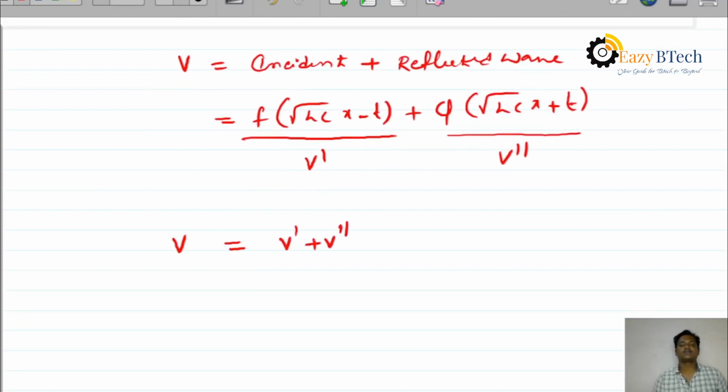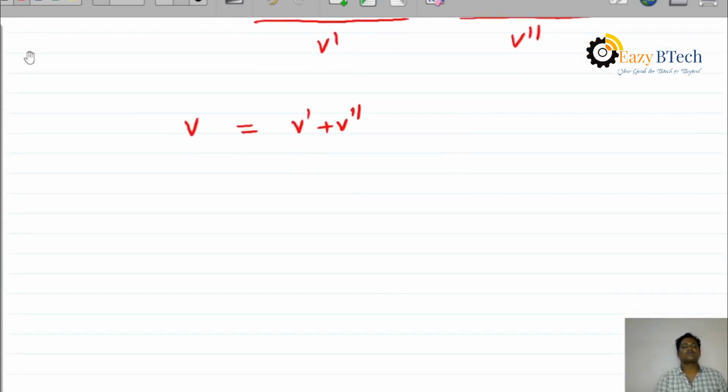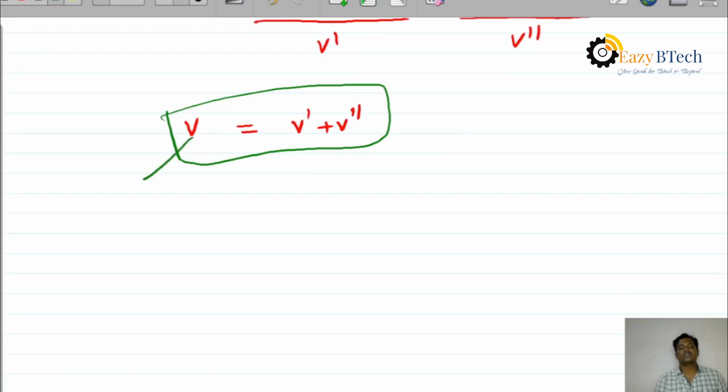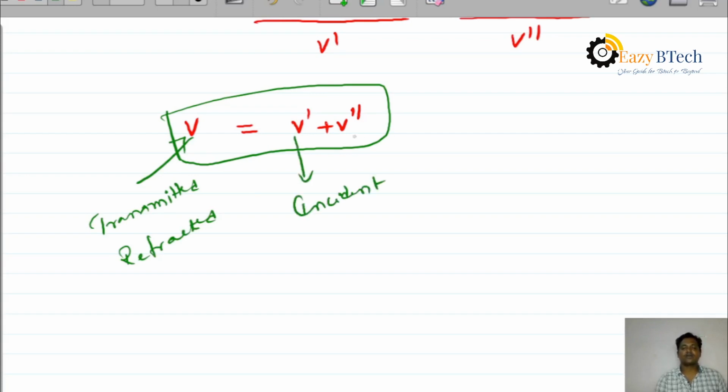In many examinations, they ask you to derive the expression for the transmitted wave as the sum of the incident waveform plus the reflected waveform. We have to show that V is the sum of incident plus reflected. Transmitted or refracted, both are the same. V dash represents the incident wave, V double dash represents the reflected wave.